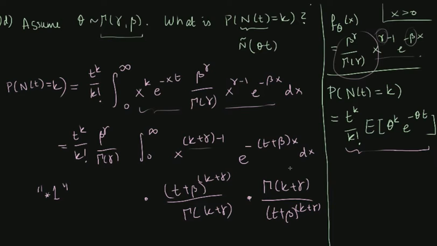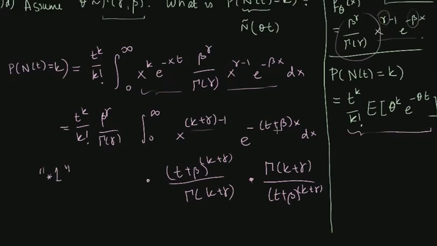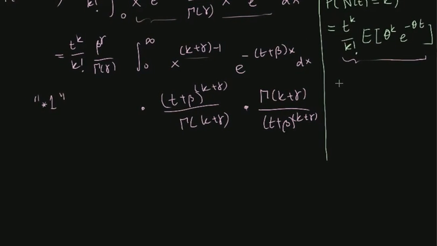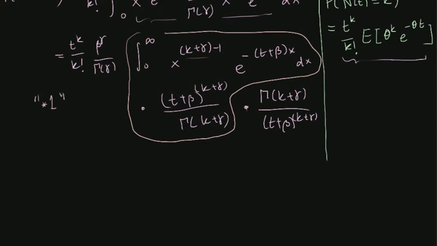And this is very nice because then we can recognize something as a gamma distribution density, and the thing we recognize is this entire bubble here. This integrates to 1.